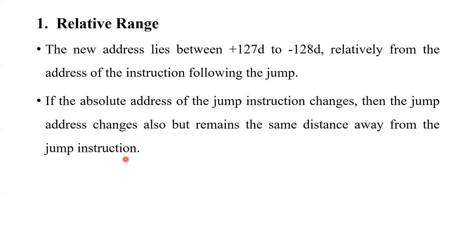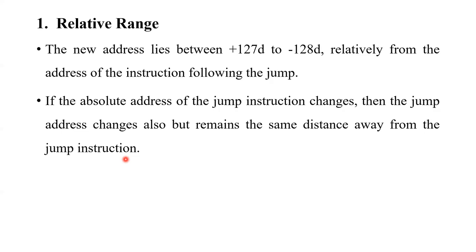Now take an example where the program has changed and you added some code to it, so that the jump instruction, instead of being at 0005, is now at 0007. Before, it was jumping to 0007.